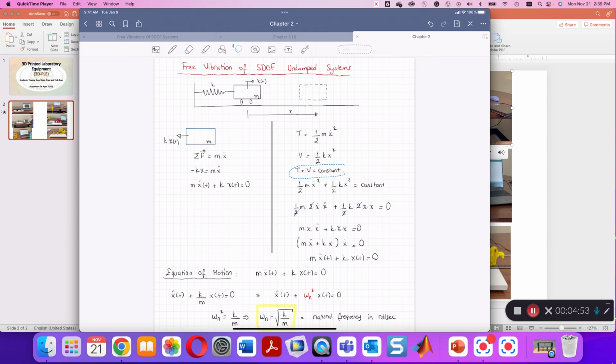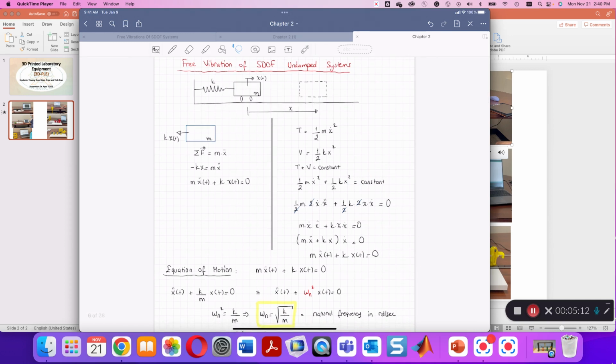The sum should be constant. Once you add these two energy terms together, knowing that the right side is equal to a constant, and take the derivative with respect to time, the right side, because the derivative of a constant is 0, should be equal to 0.